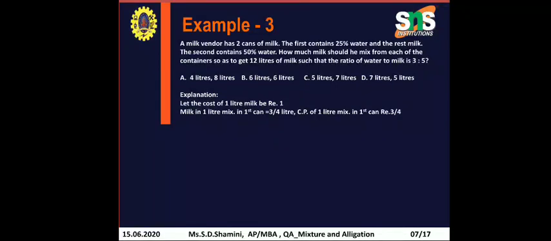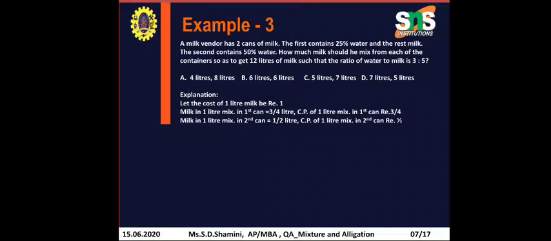So the cost price of 1 liter of mixture in the first can is, let it be, ₹3/4. And milk in 1 liter of mixture in the second can: they have given that the second can contains 50% water, so the half portion, so it is 1/2 liters.